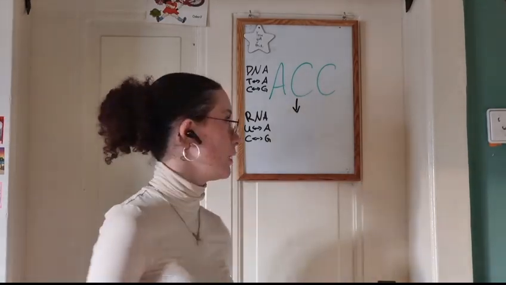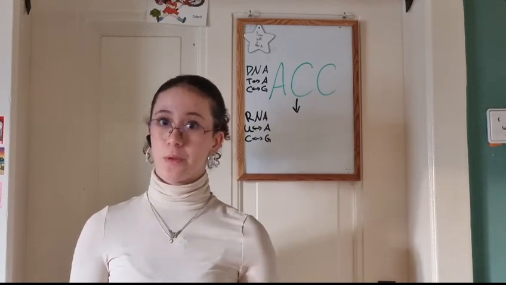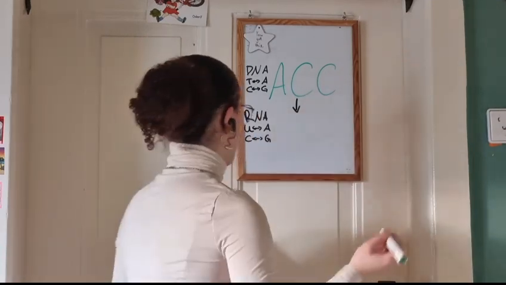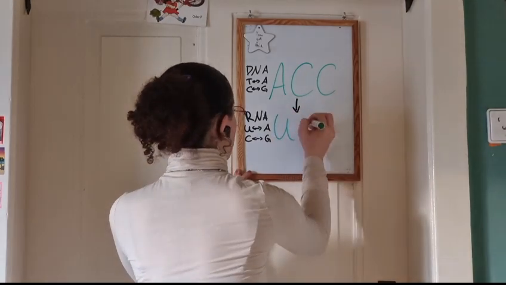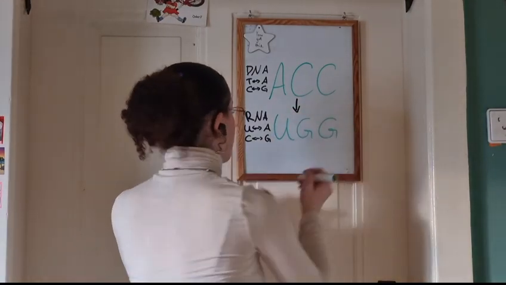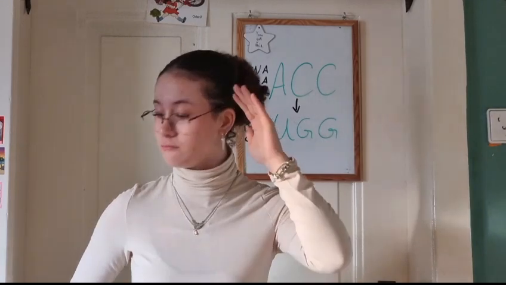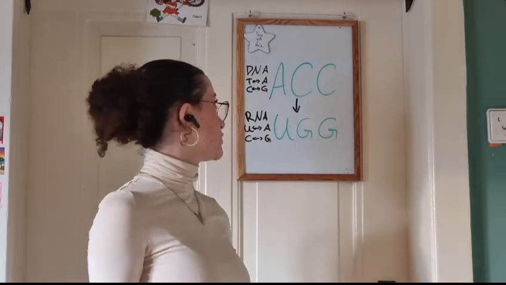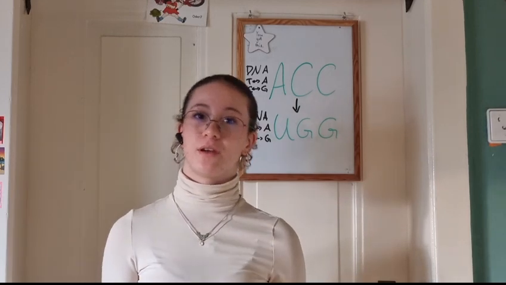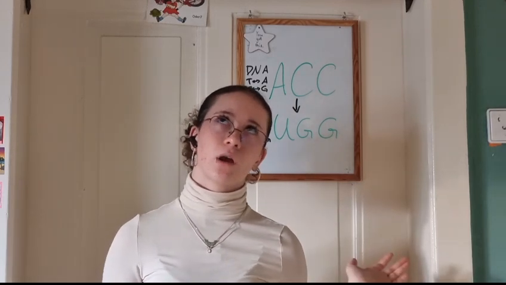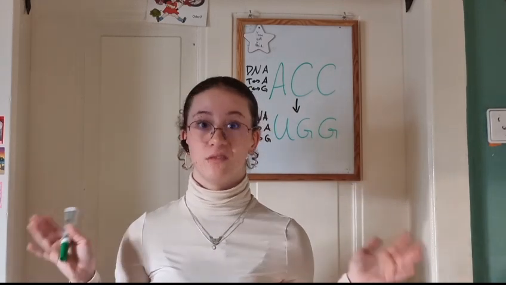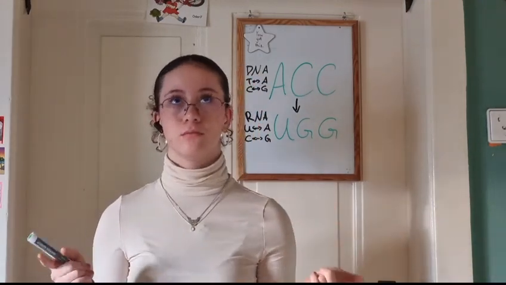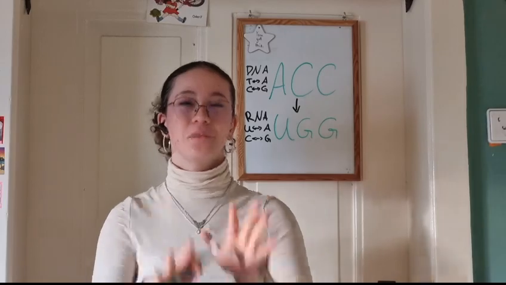You can pause the video or write in the comments what you think it is, or get a sheet of paper and write it down. It's in the end UGG, which results in tryptophan, right? So yeah, that's how you came from DNA to a protein. Wow. Well, not exactly protein, but almost there.